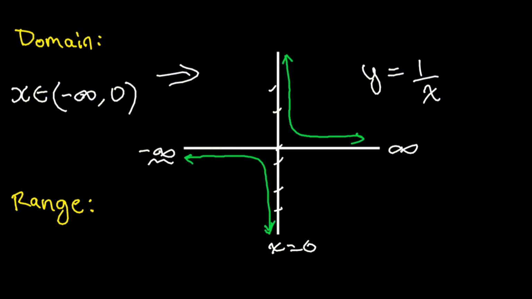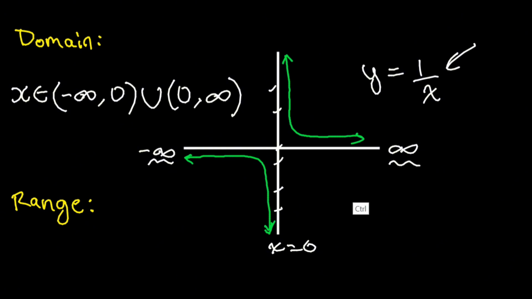It's just before 0. And then we can also put union 0 again, but not actually 0. This is after 0. This is greater than 0. To positive infinity over here. So that's the domain. These are all the possible x values that can be used in this.